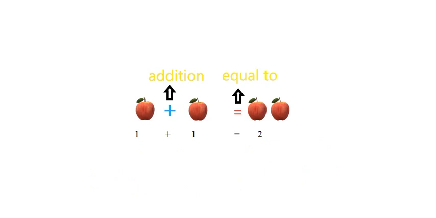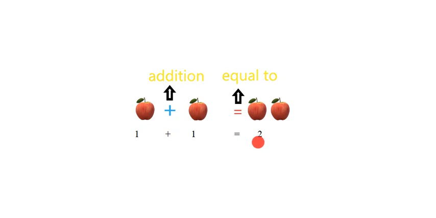If you have one apple that you received from your father, and your mother gives you another apple, then how many apples do you have in total? Let's count: 1 and 2. You have 2 apples in total.